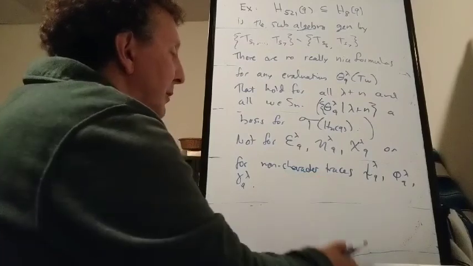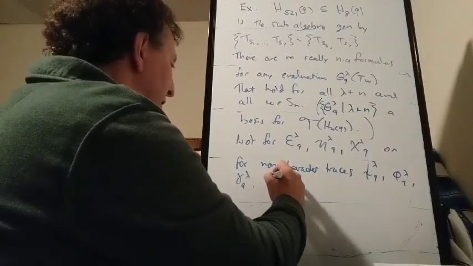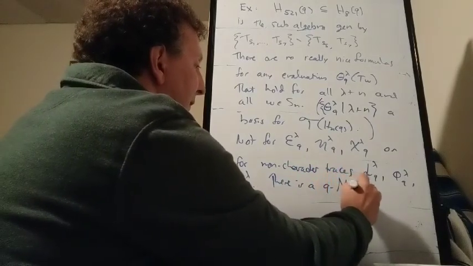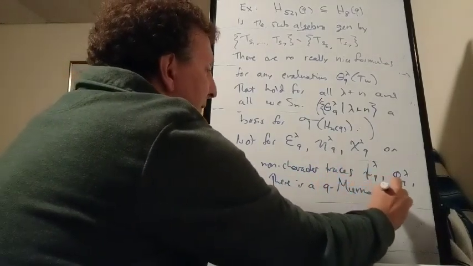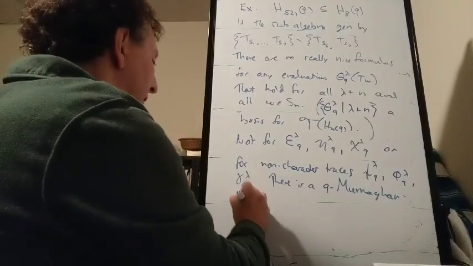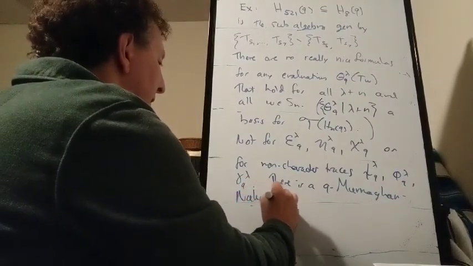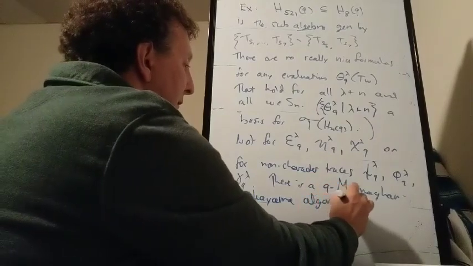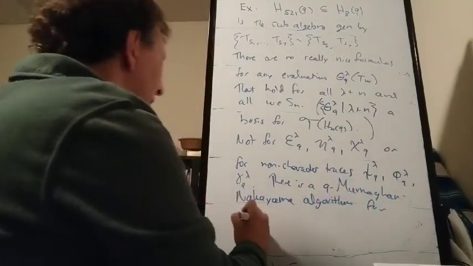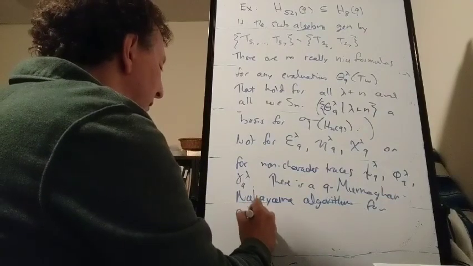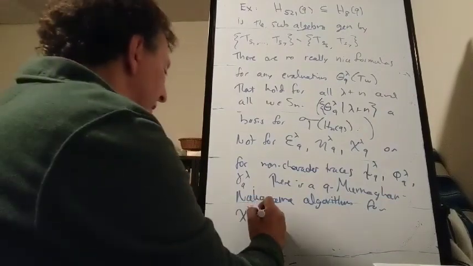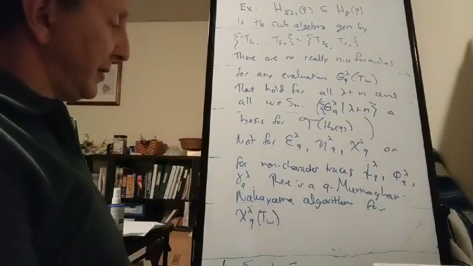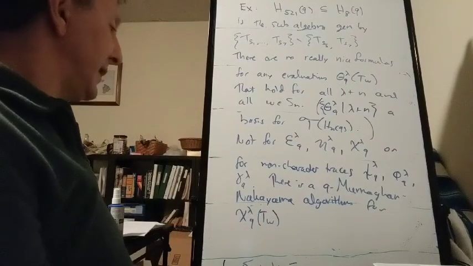Now there is a q Murnaghan-Nakayama algorithm for computing each irreducible character of each basis element of the Hecke algebra.